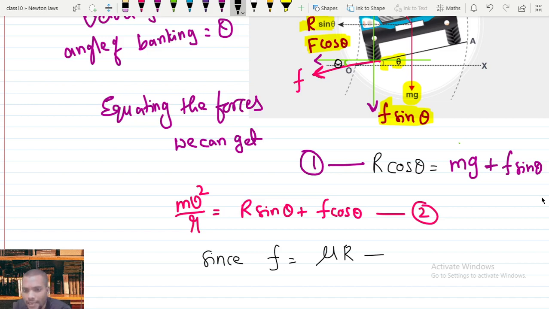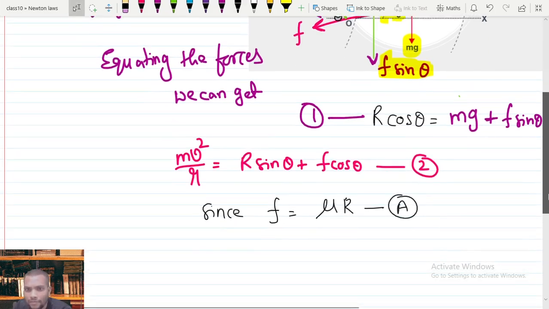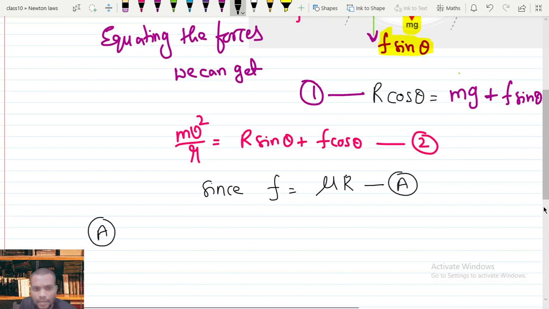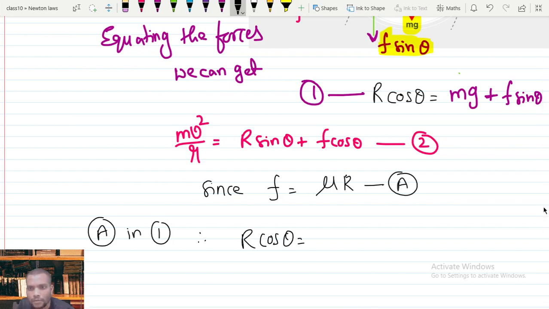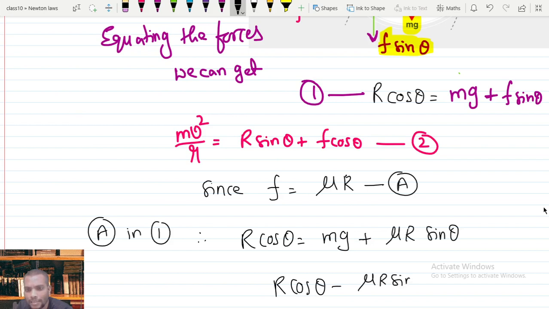So if I take this as equation A and substitute equation A in 1, we can write that R cos theta equals mg plus mu R sin theta. So let us write the expression for mg. Therefore R cos theta minus mu R sin theta equals mg. Let me call this equation 3.